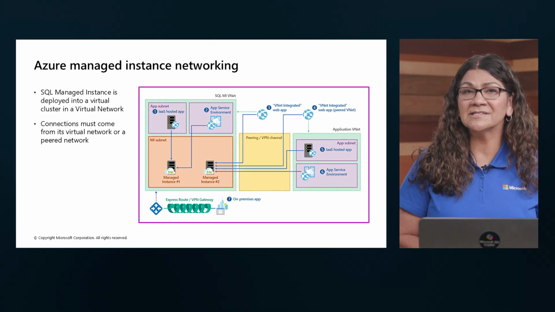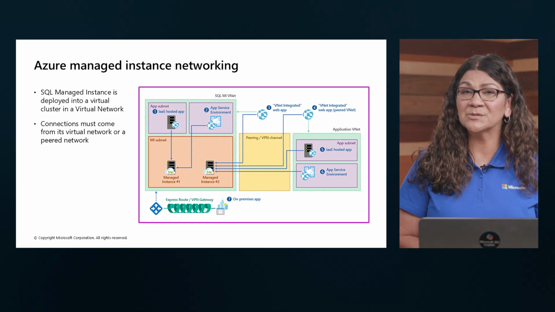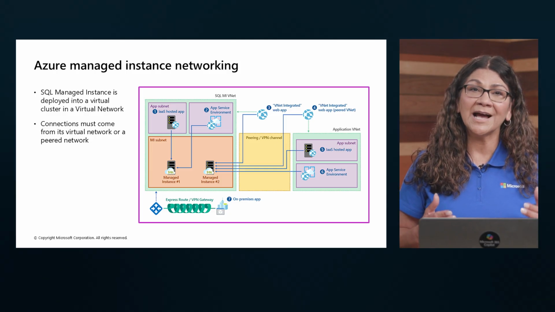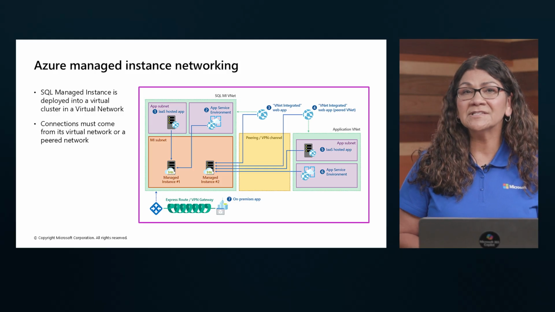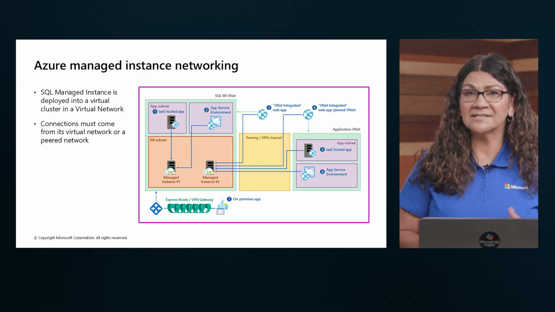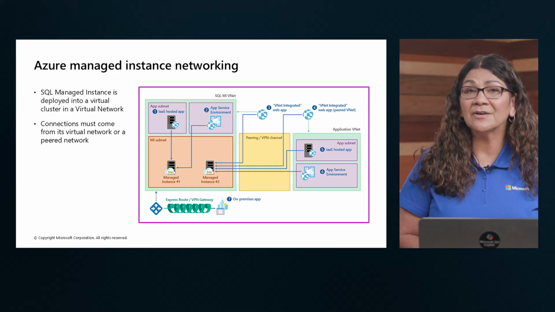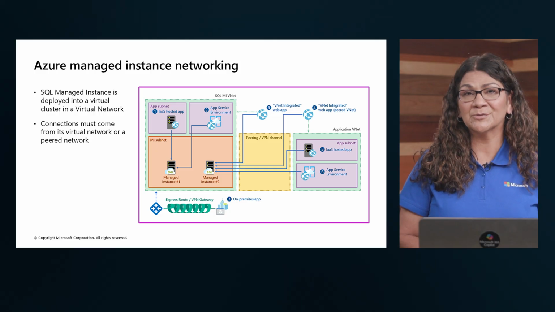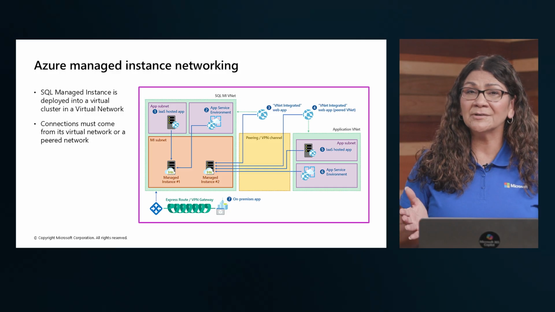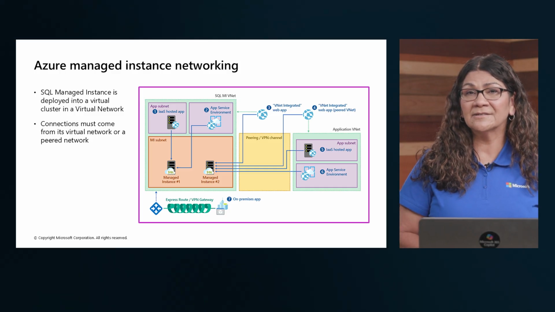Additionally, on-premises apps can connect through ExpressRoute or VPN gateways, ensuring secure hybrid access. The benefits include enhanced security through network isolation, improved scalability with subnet segmentation, and seamless hybrid connectivity for enterprise workloads. It also supports compliance by controlling data flow and access boundaries.